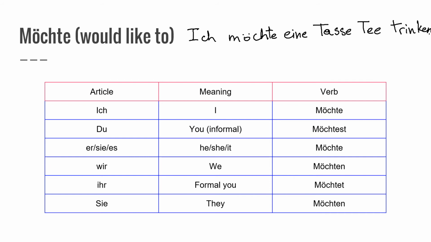So let's change this sentence to er. Now the conjugation still stays the same, which is möchte.